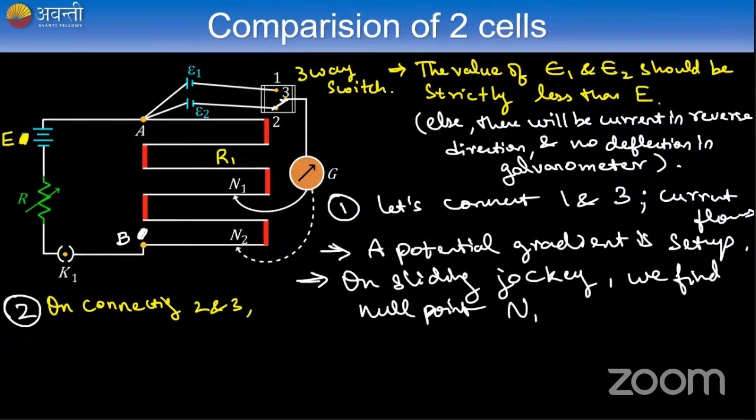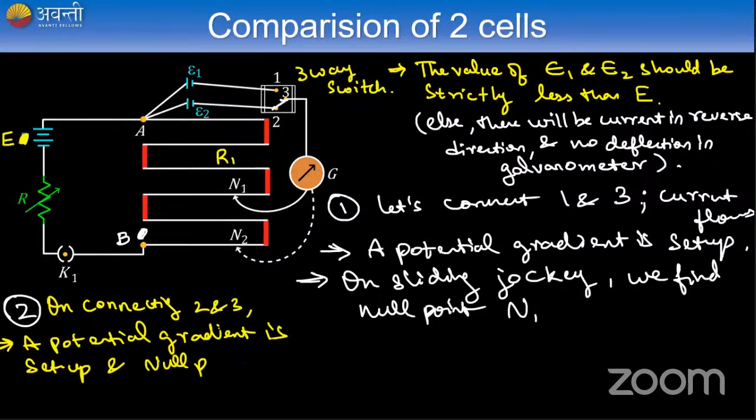Current flows, a potential gradient is set up, and we get the null point N2.